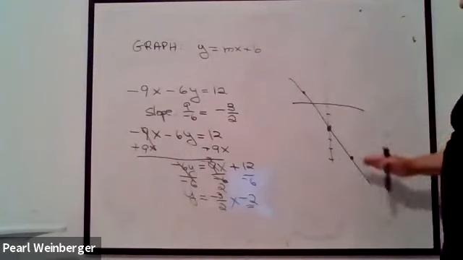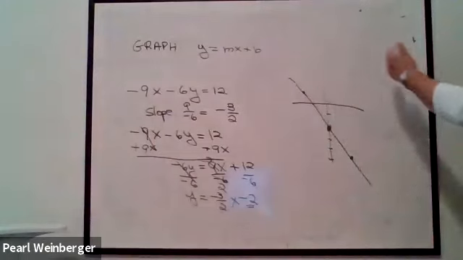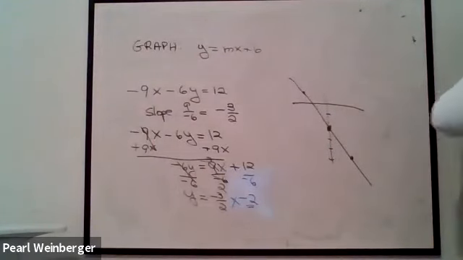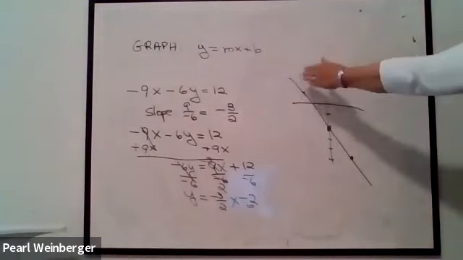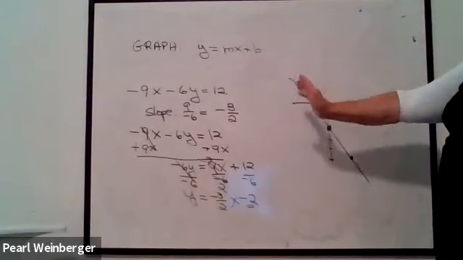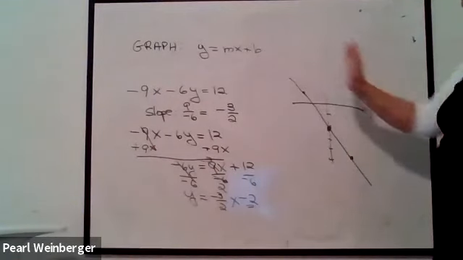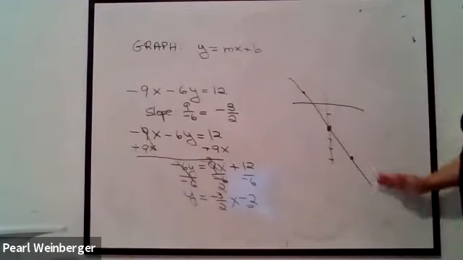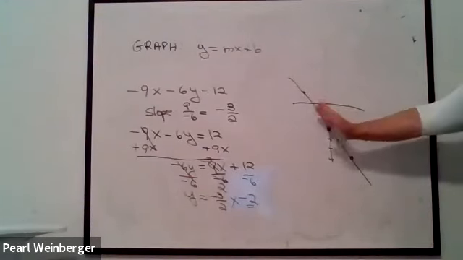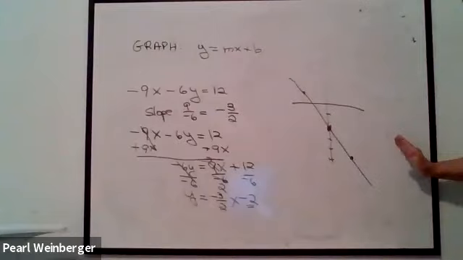And notice the line, as you're going from left to right, is slanting down. It's going from a higher point to a lower point. Remember, we always discuss how a line goes as it goes from left to right, and a negative slope means the line is slanting downward as you go from left to right.